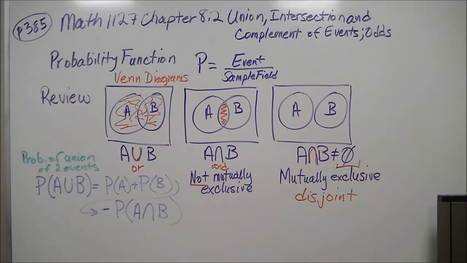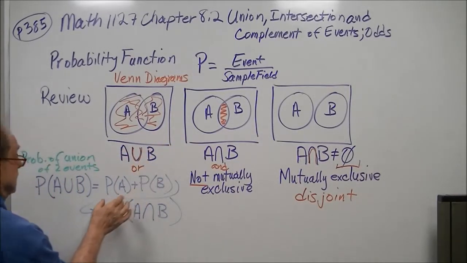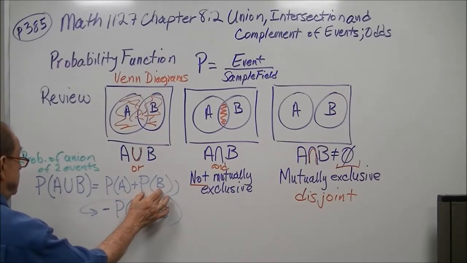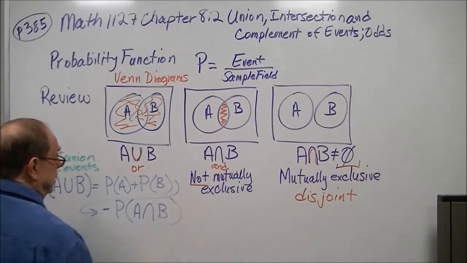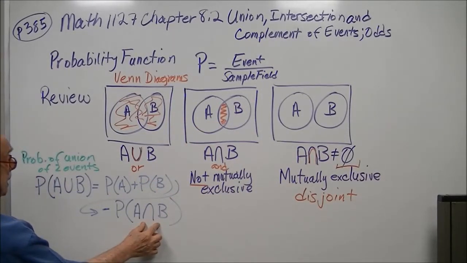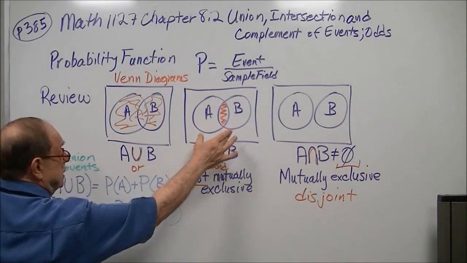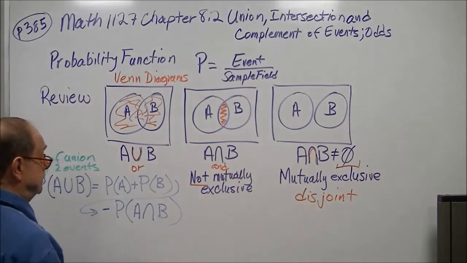And this leads us to the formula over here, that if we have the probability of the union of two events, that would be, in this case, the probability of A plus B minus the point of intersection. That is, if they're not mutually exclusive.